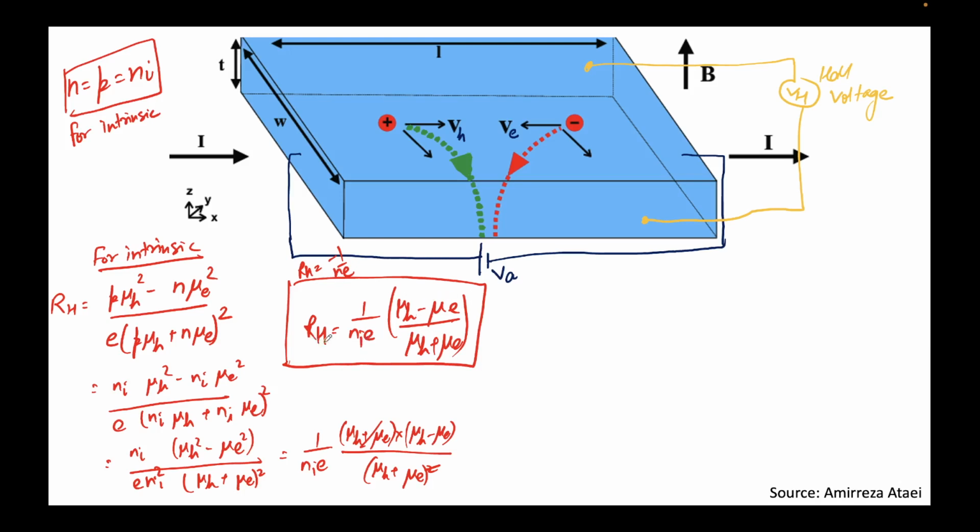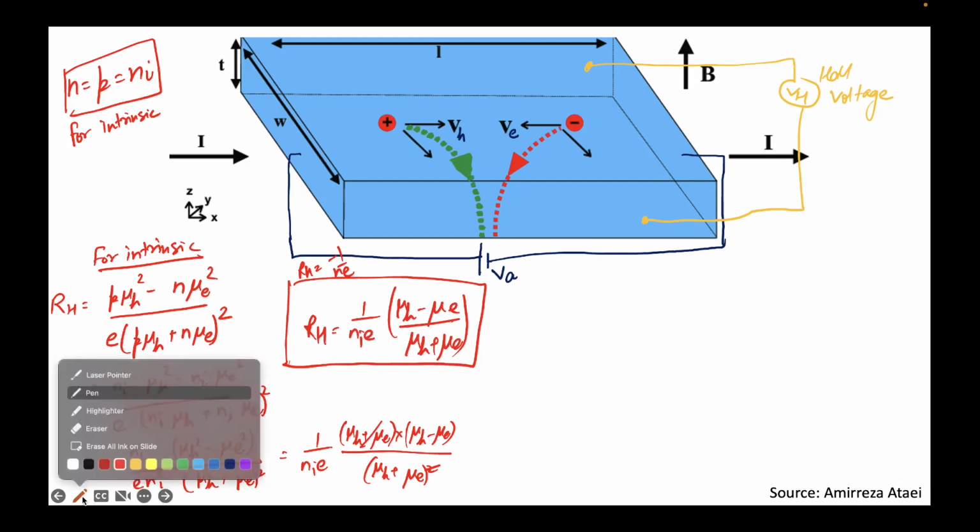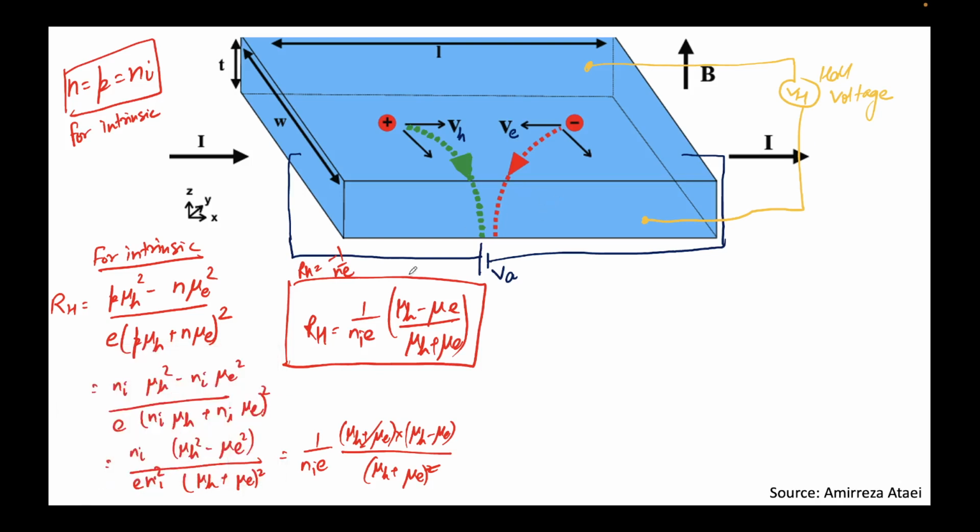So just by measuring the Hall coefficient, we cannot get the value of Ni. We also need mu H and mu E, and that's a complex exercise. So this is one thing we learned: in an intrinsic semiconductor, the Hall coefficient does not directly give the carrier concentration. Okay, now let's move forward.